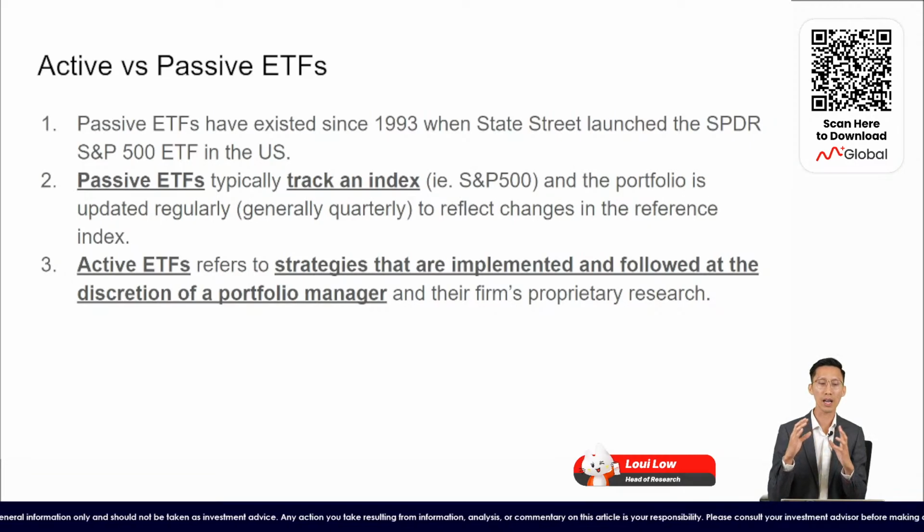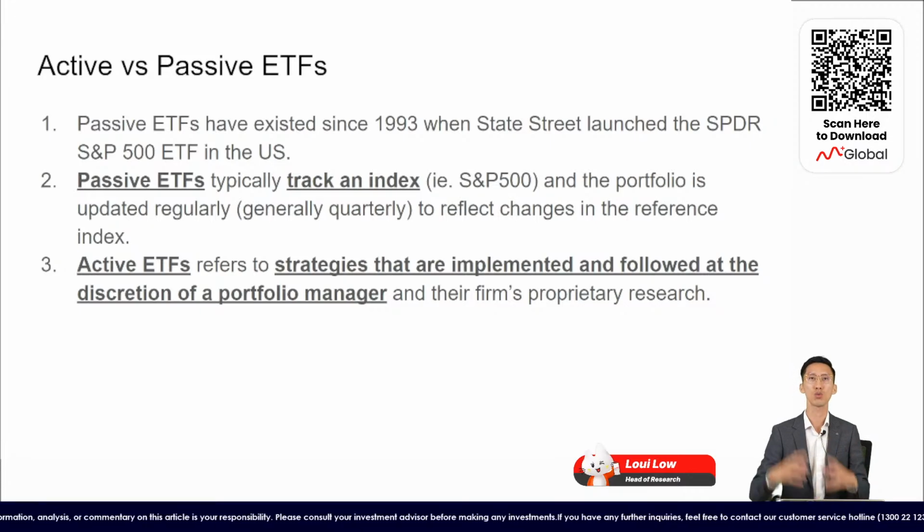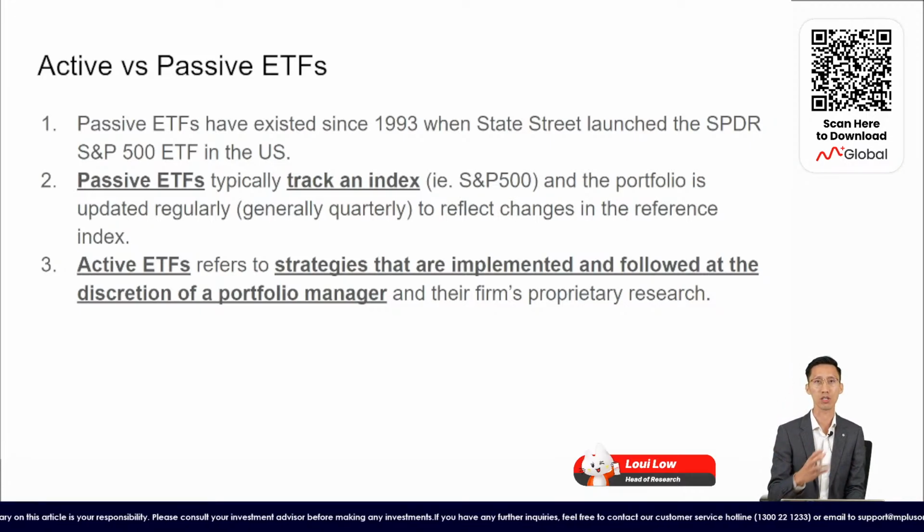So the idea of passive ETFs is that if you have the opportunity to track the whole basket, you straight away get exposure to all of it. When the whole basket runs together, you need not worry about the stock picking part, because stock picking can be quite random, a luck factor.